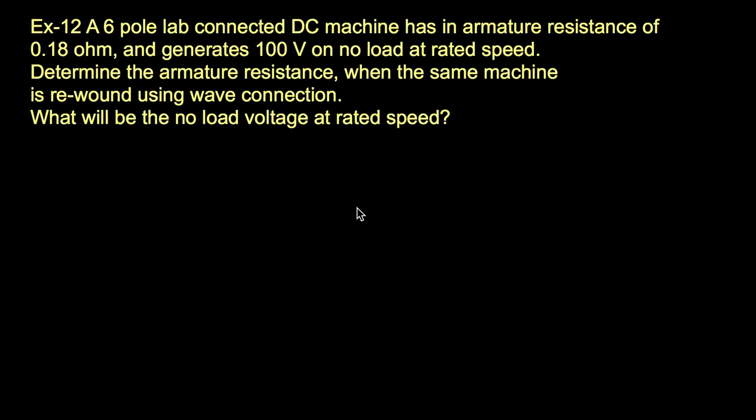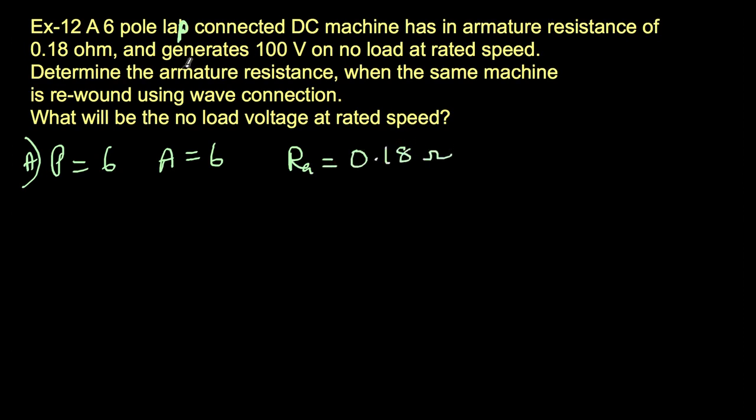Now let's do example 12, and again you can try this problem yourself. A 6 pole lap connected DC machine, so I can right away write P equal to 6 and A equal to 6, has an armature resistance of 0.18 ohms and generates 100 volts on no load at rated speed.